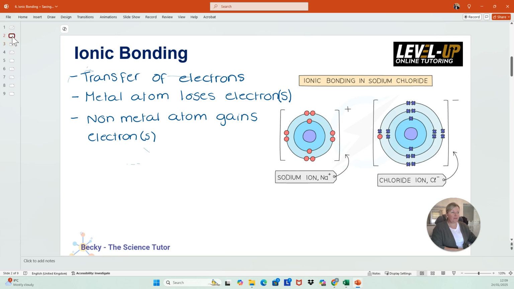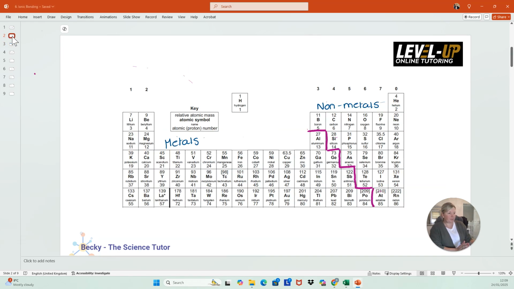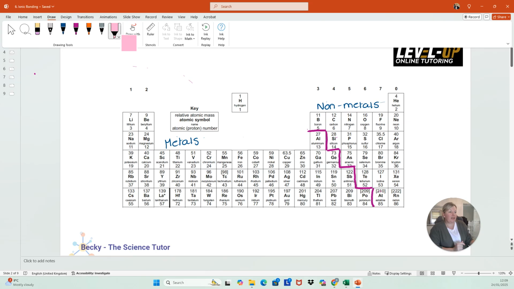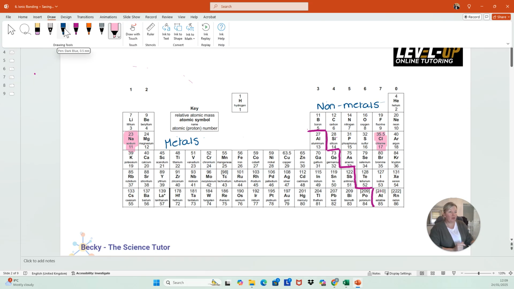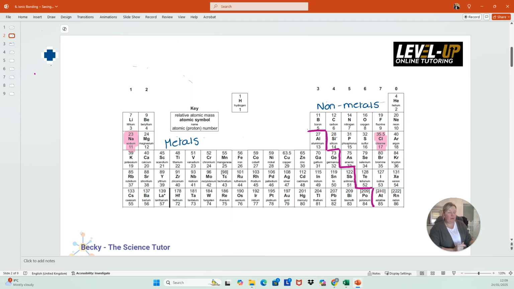So just while I'm thinking about that as well, let's base our example around this. Our example today is sodium chloride, so here's sodium and here's chlorine. So what we can do straight away is say, okay, well sodium's going to lose the electrons and chlorine's going to gain them. And we want to think about how many electrons they are going to lose or gain. So remember, this group number also tells us the electrons in the outside shell.